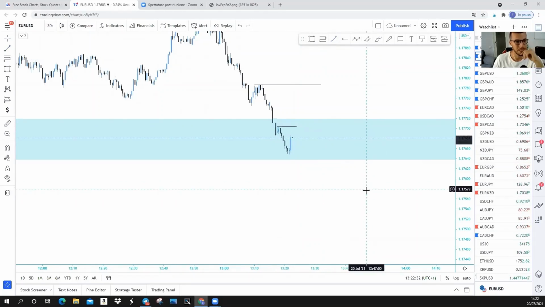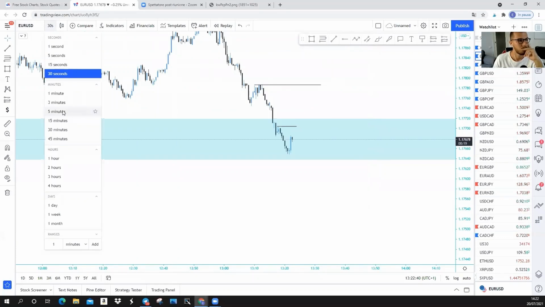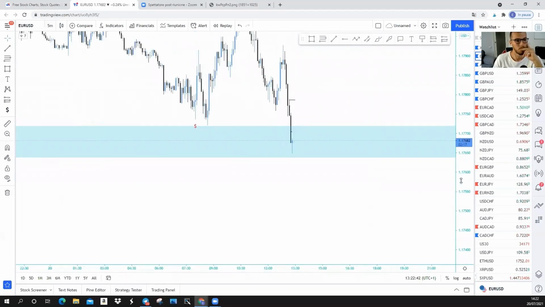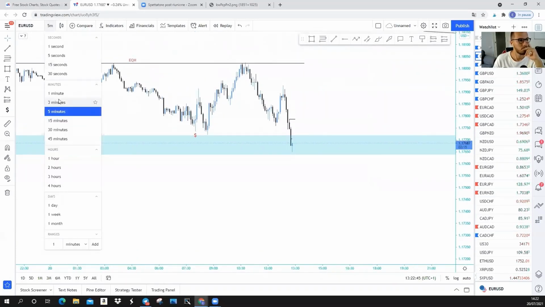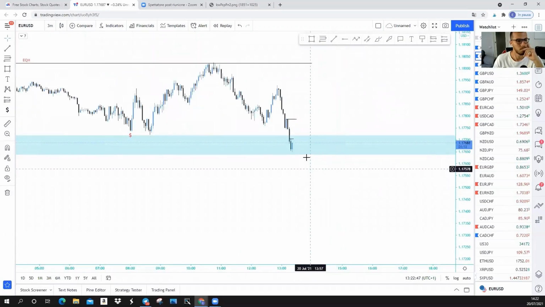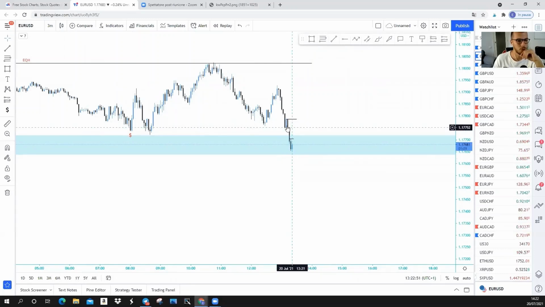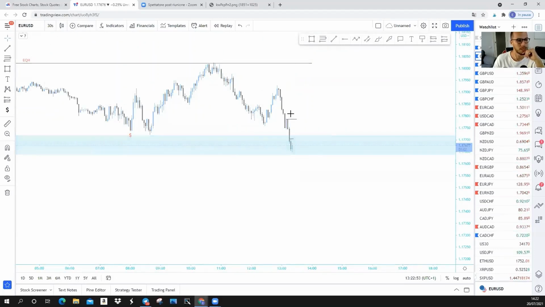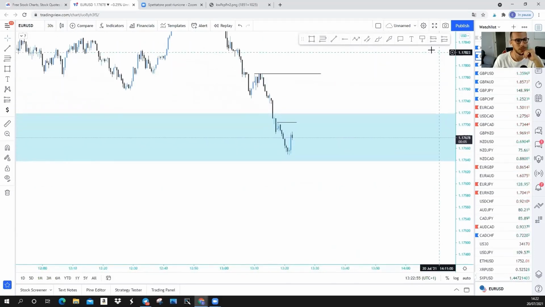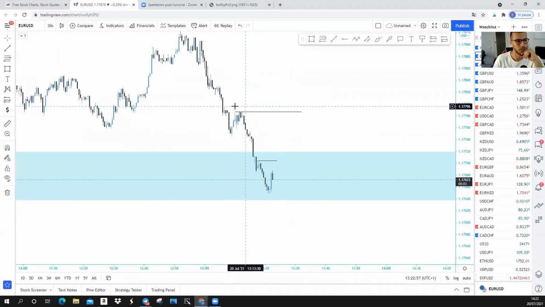It's not really the best. This one is the one that we should look for. If we want to go more aggressive, we will look into the 30 seconds. But of course, this is better.